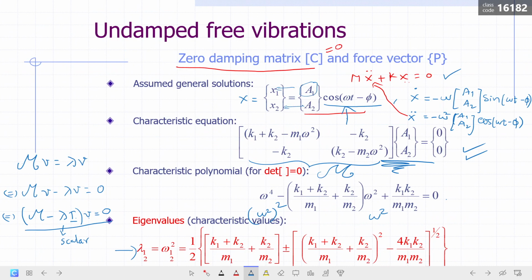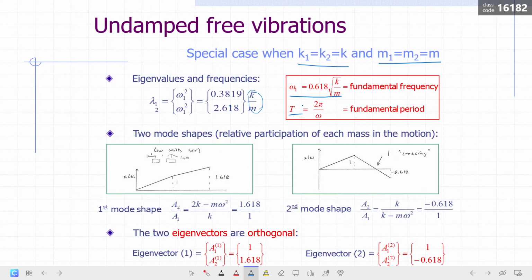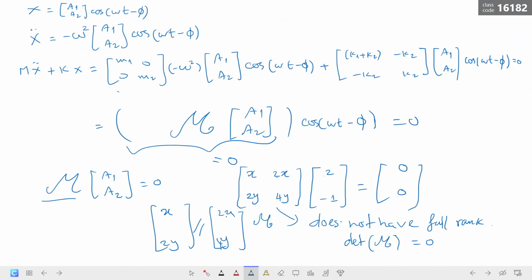So we want to see the ratio between the two amplitudes. Okay, and the ratio can have two different shapes. This one is called mode shape one, the first mode shape. And how can we get this ratio?